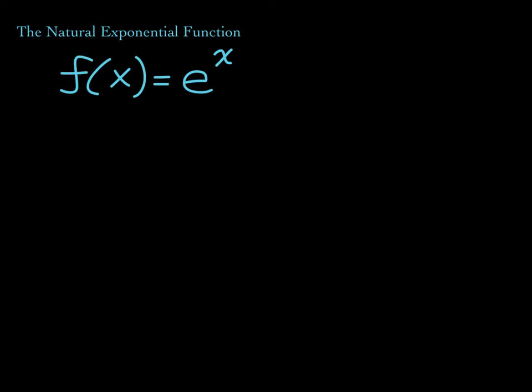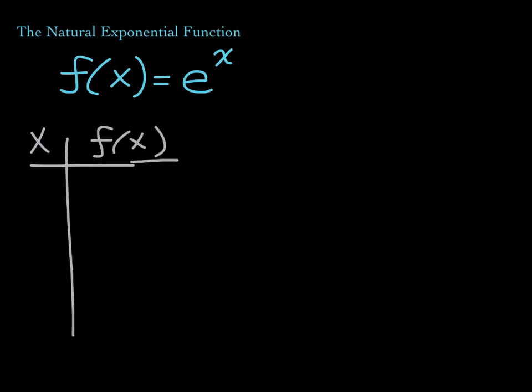So this is the natural exponential function. Notice that our base is e. Now what we're going to do right now is graph this function, but I don't want you to lose everything that we already know about exponential functions. For example, we know that if we let x be 0, we're going to get 1.